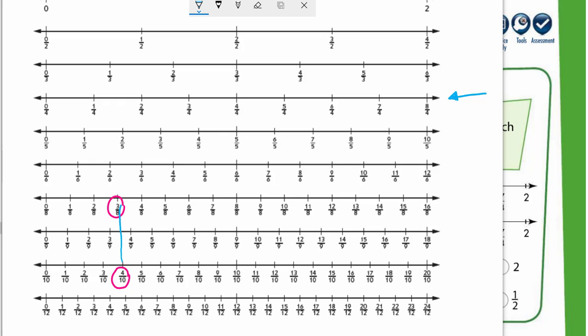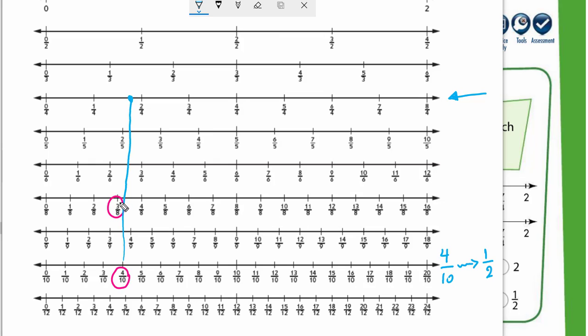I cannot draw it correctly, but I will try to make it correct till I reach it. As you can see, what is the closest benchmark to 4/10? 2/4, which is half, right? Yes. So this is about half.